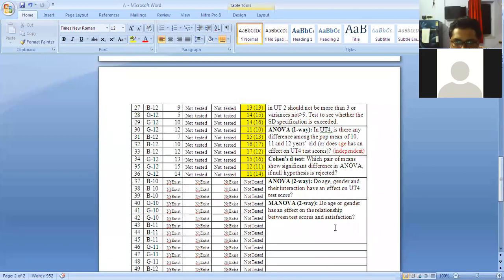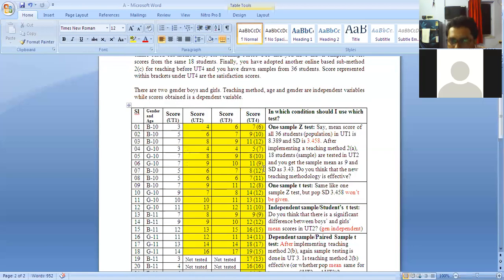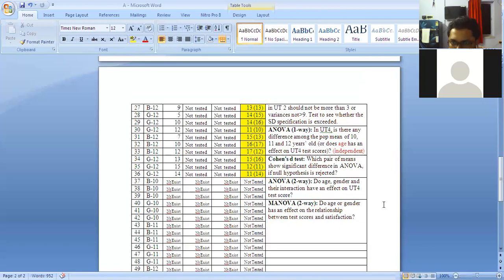You would like to test whether age has an effect on the relationship between test scores and satisfaction, or whether gender has an effect on that relationship. That means whether one independent variable has an influence on the relationship of two dependent variables, which you'd like to test through two-way MANOVA.